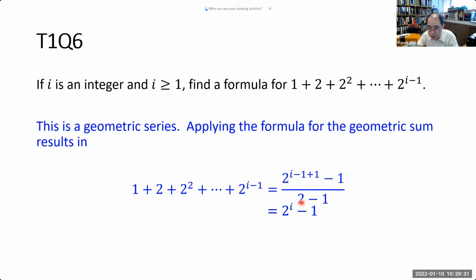And this one is 2, the ratio, r minus 1. After simplification, downstairs is 1, right? So the upstairs, the numerator, you simplify, you get this answer. That's all. Yeah. So this formula you need to remember.